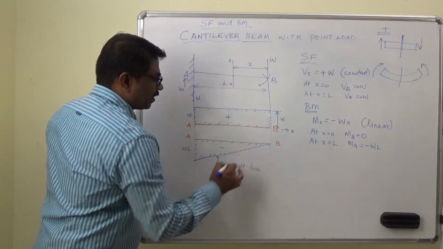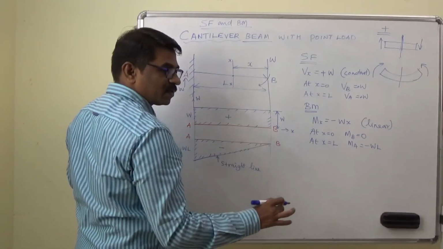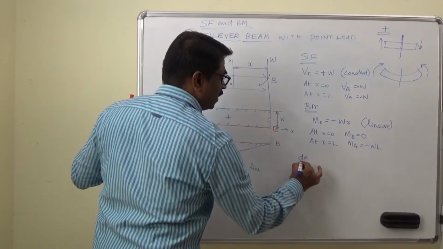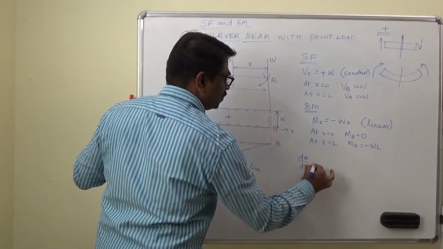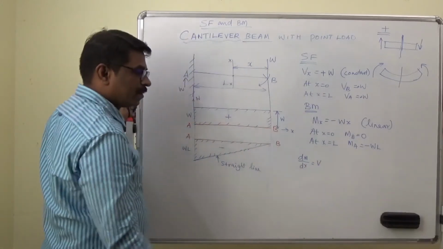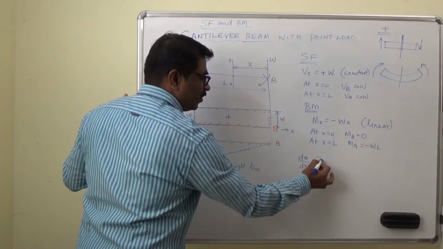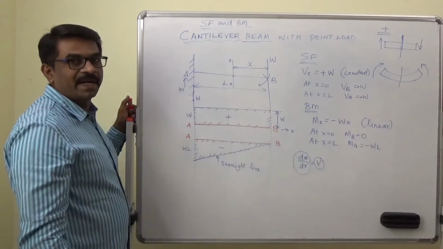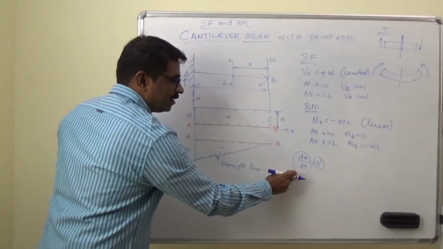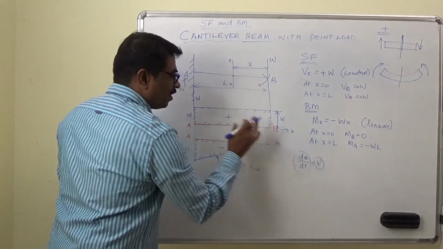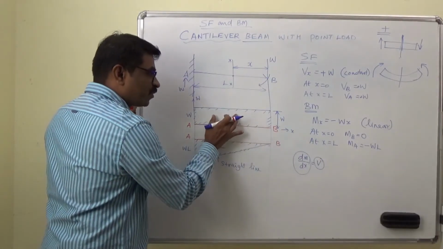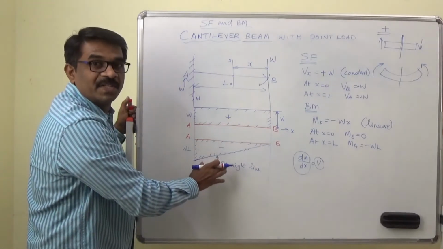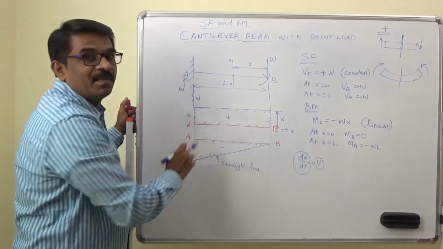One more thing, we have already seen a relation, dM by dx equal to V. So the shear force value will give the slope for the bending moment diagram. What does it mean? Seeing the shear force diagram, you will get some slope information for the bending moment diagram.